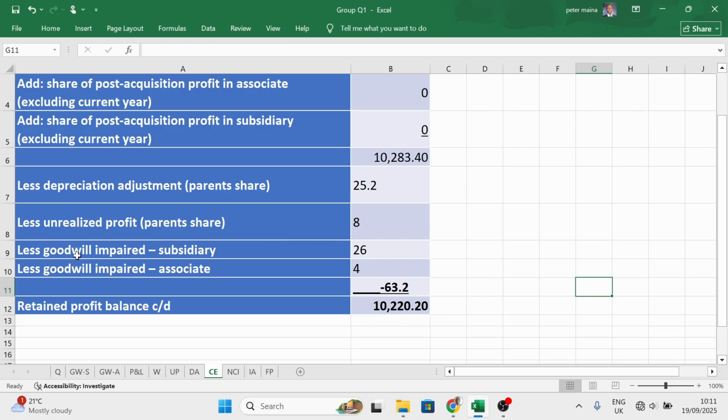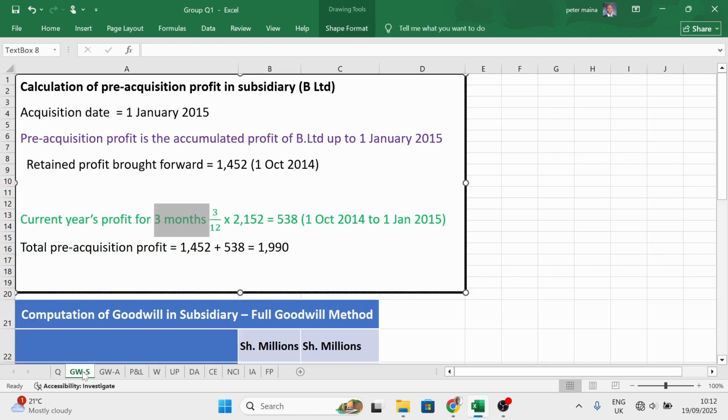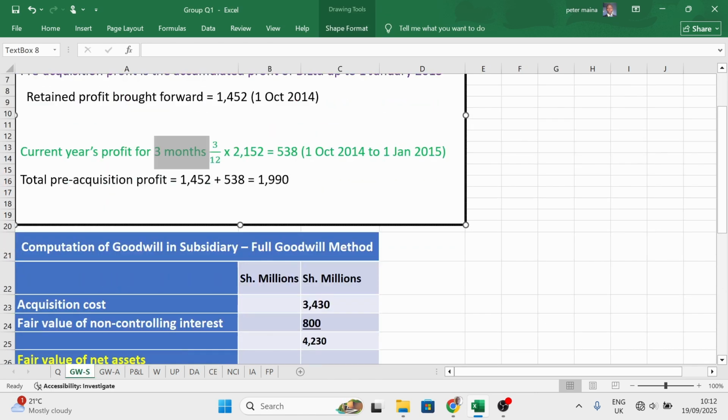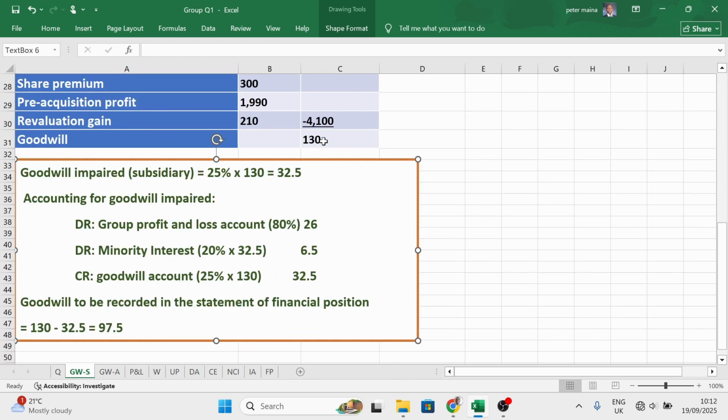And then we go to the goodwill impaired. So goodwill impaired in subsidiary. So let us see how we got the 26. Because we are using the full goodwill method, this is supposed to be the share of the parent only. So we go back to the place where we did the workings for goodwill. The goodwill was 130, and then the goodwill impaired was 25% of 130, which was 32.5.